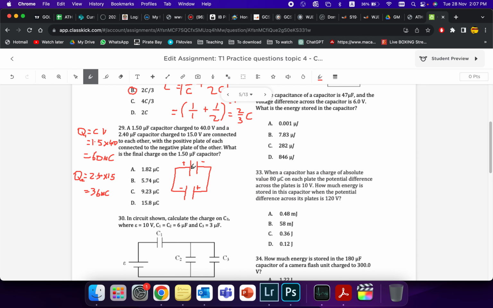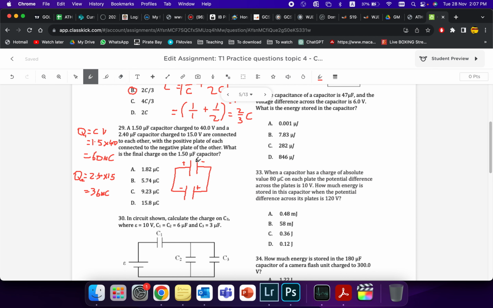They can redistribute. They cancel each other out. Similar to something that we did in the first topic, topic 1. If you remember the two spheres, we had the two spheres, and then what happened? They touched. And then when you separate them, the charge was redistributed. The same idea is here, the charge is redistributed.